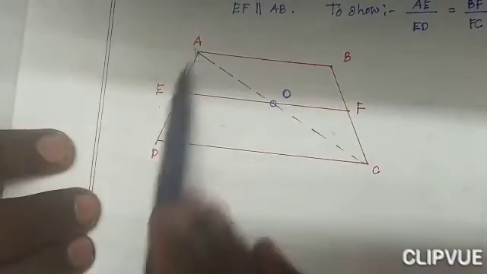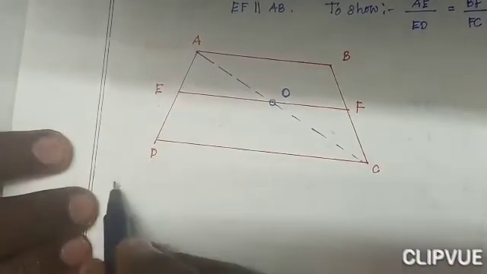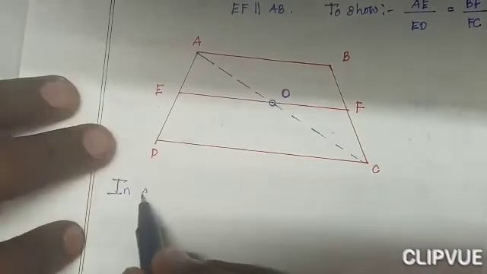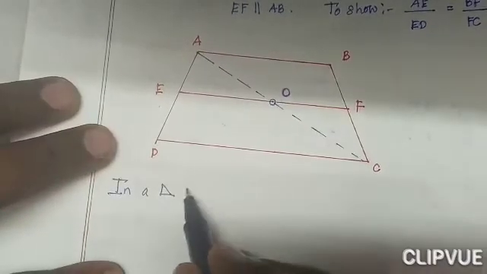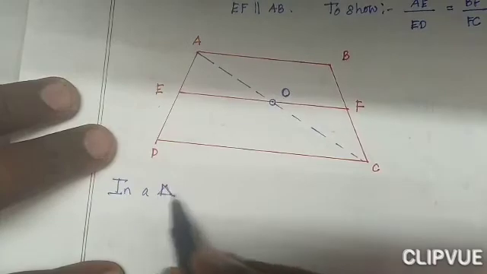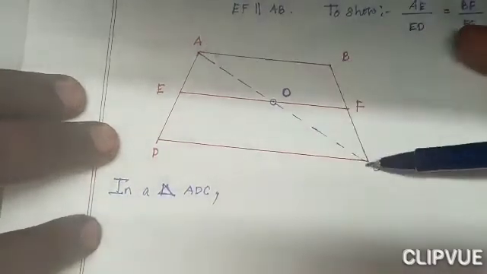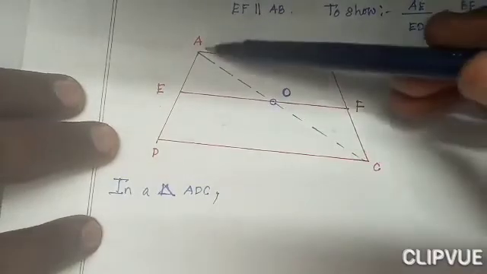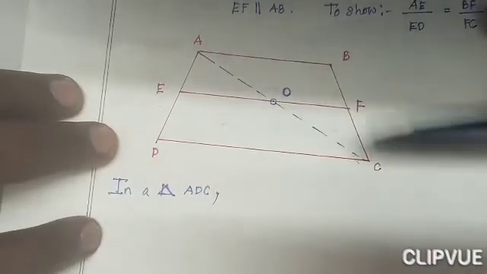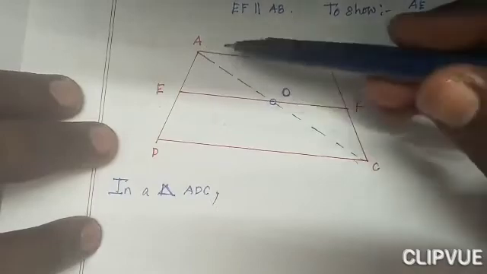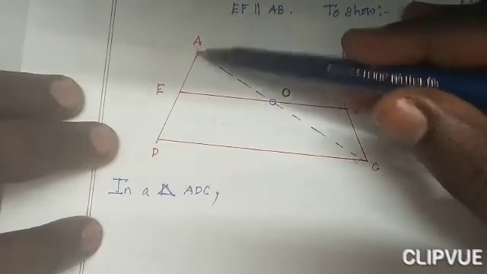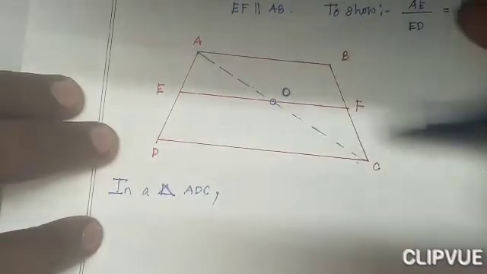Now in the triangle ADC, it is not a right triangle. If you join these 2 vertices, AC is the diagonal, and you get 2 triangles, namely ADC and ACB.